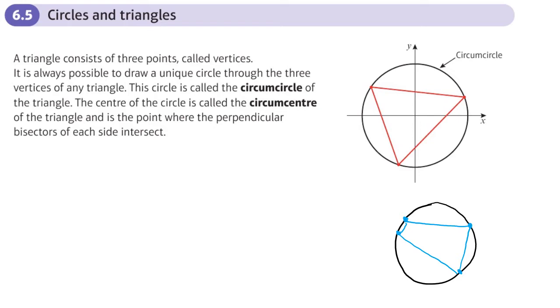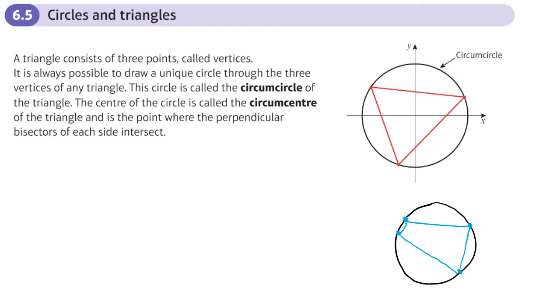Well, if we do something similar with a triangle and we draw a triangle so that all three of its vertices lie on a circle, or another way of saying it is if you take a triangle and draw a circle that goes through all three vertices, that circle that you draw is called a circumcircle.